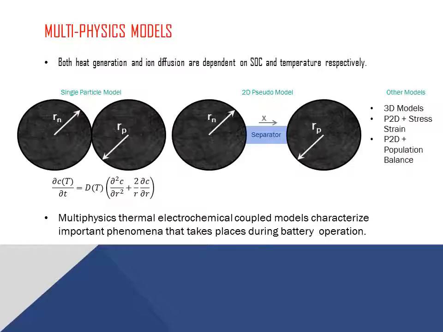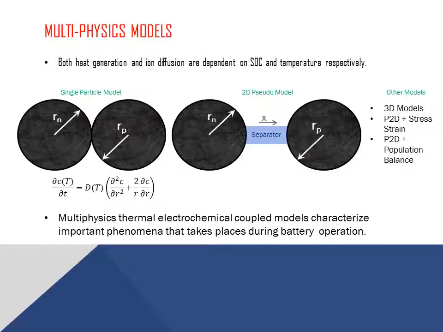The first figure on the left represents a schematic of a single particle model, in which both electrodes are represented by a sphere. The equation underneath the diagram represents spherical diffusion. In this type of model, the concentration and potential in the solution are neglected, and therefore its accuracy is reduced to low C rates.